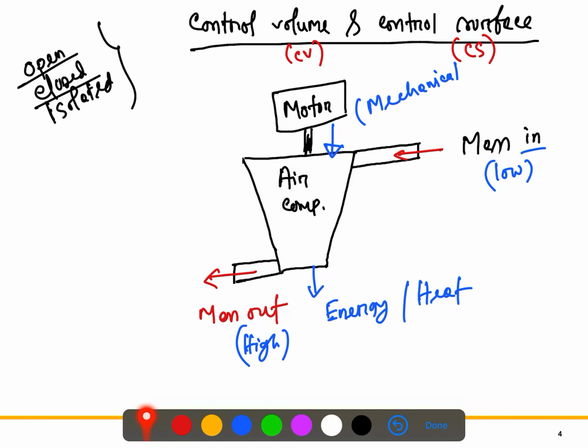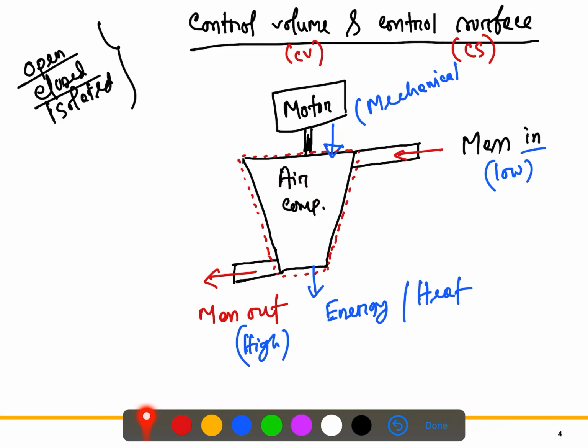If we draw a dotted line and enclose this system like this, the volume inside this dotted line is the control volume.